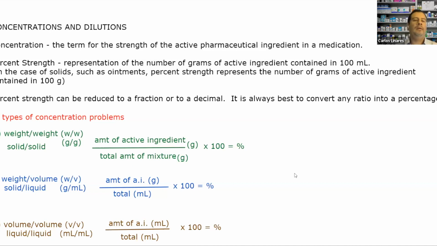Okay. So keep in mind these formulas. It's the same thing. In general, it's just active ingredient over total times 100 gives us percent strength.